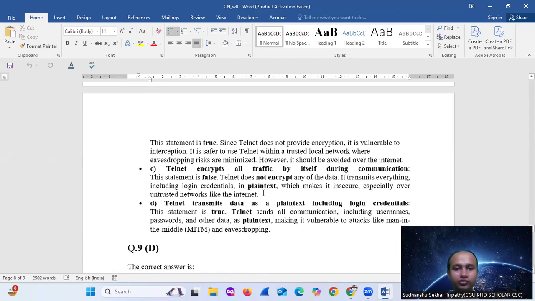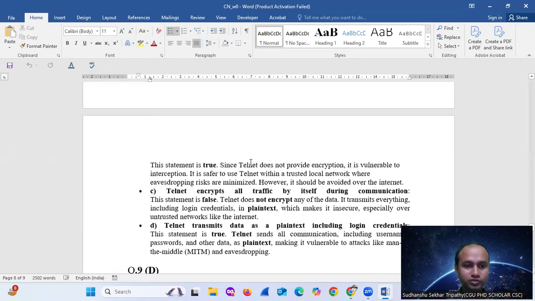Since the telnet does not provide encryption, it is vulnerable, means weakness of a system to interception. Okay. So it is safer to use telnet within a trusted local network where eavesdropping risks are minimized. However, it should be avoided over internet. So B option true हो जाएगा.